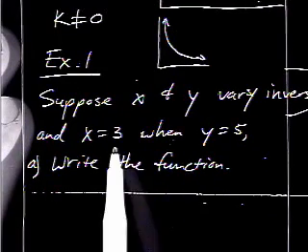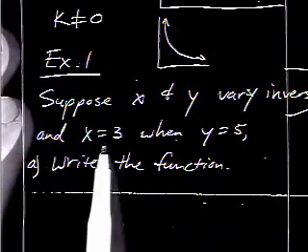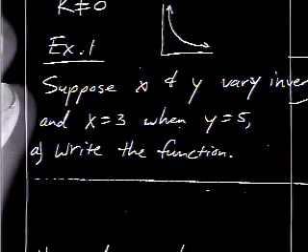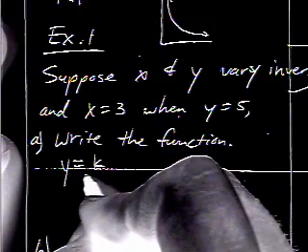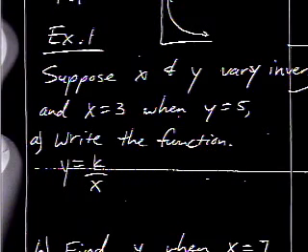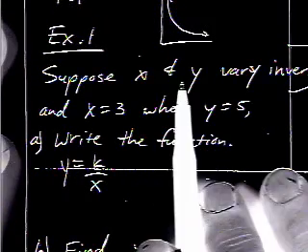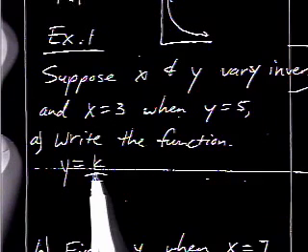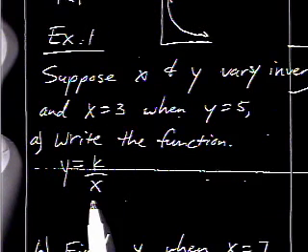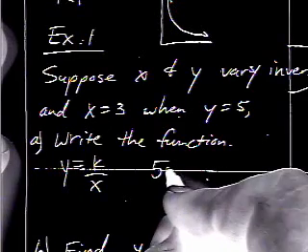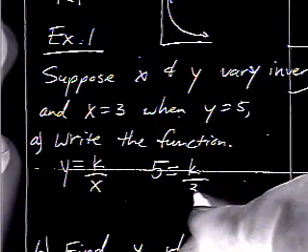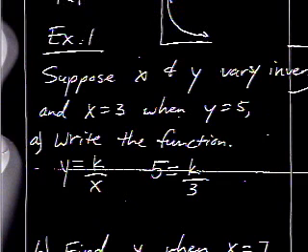Example 1 says, suppose x and y vary inversely, and x equals 3 when y equals 5. Write the function. All right, so if I know that there is an inverse relationship, it says x and y vary inversely. That means y equals k over x. And x equals 3 when y equals 5.